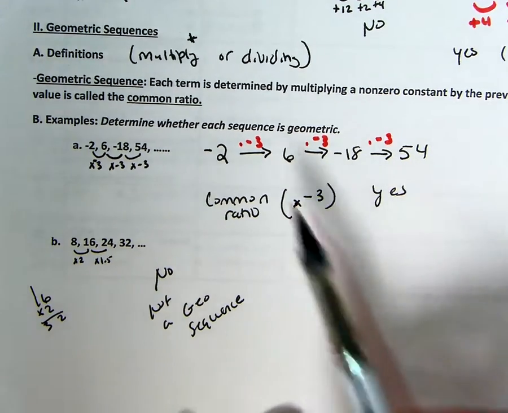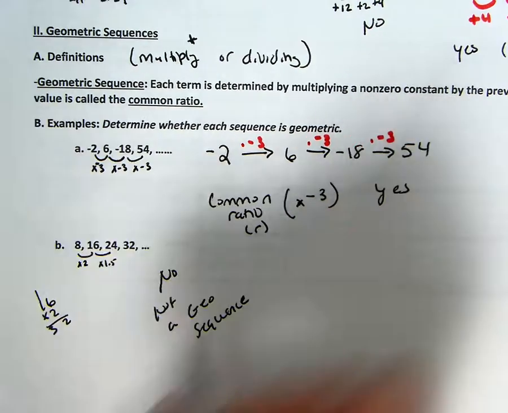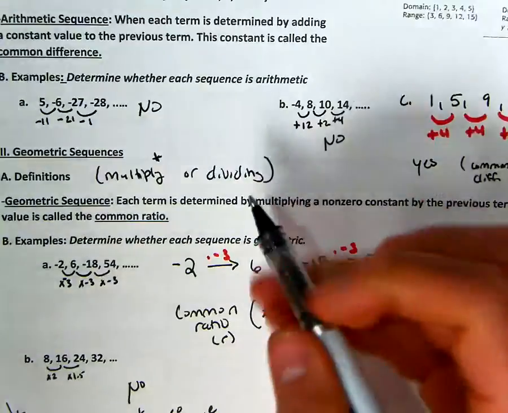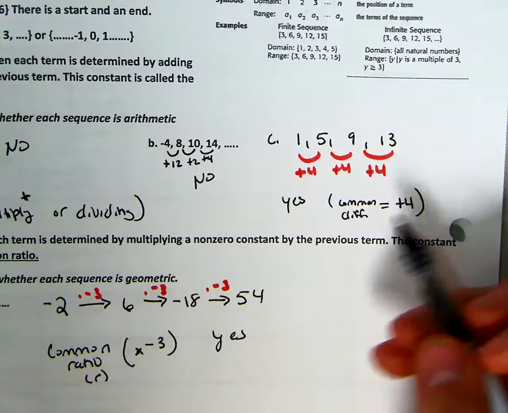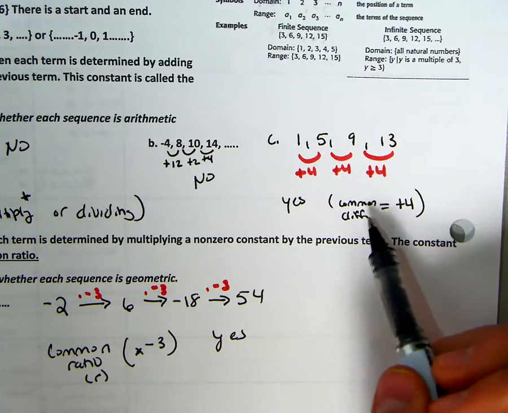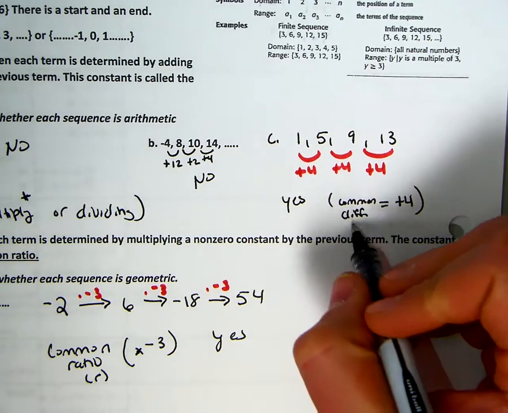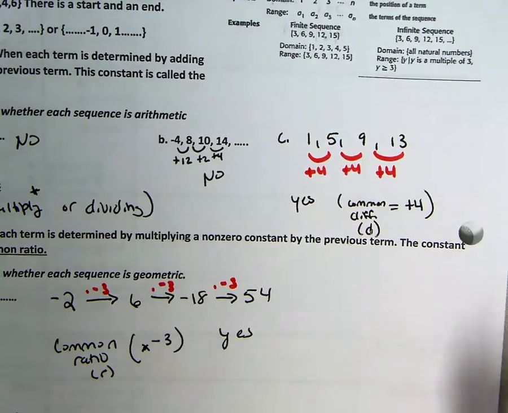It needs to be a common ratio, which is just called R. And in the case of arithmetic sequences, you need a common difference, which we will call D in the next couple sections.